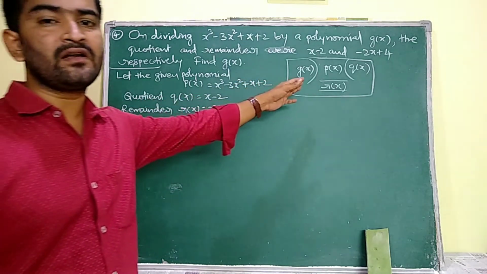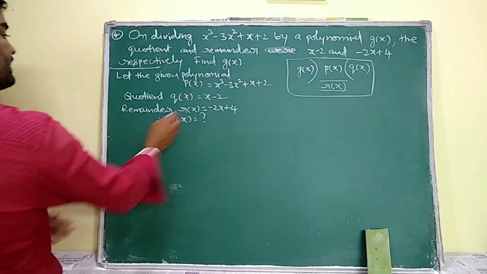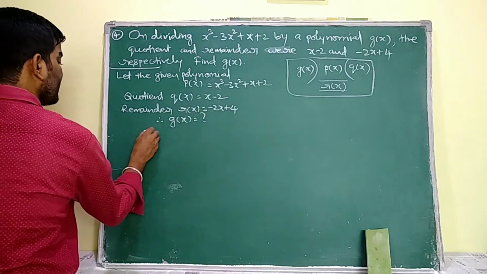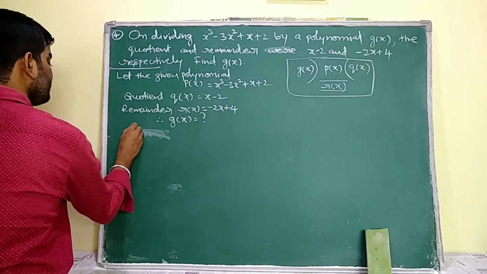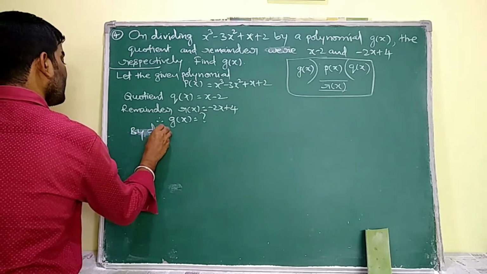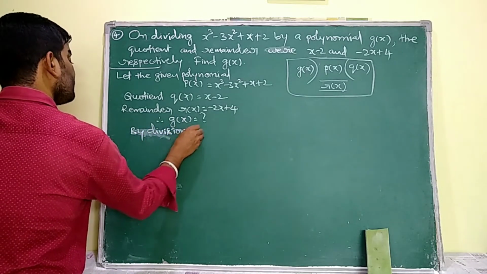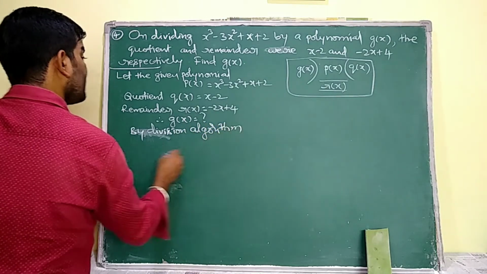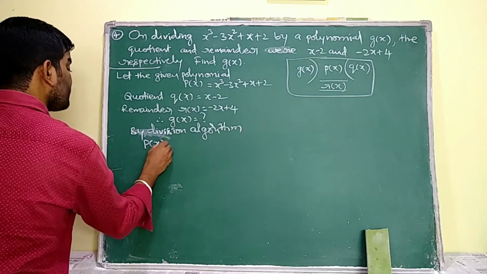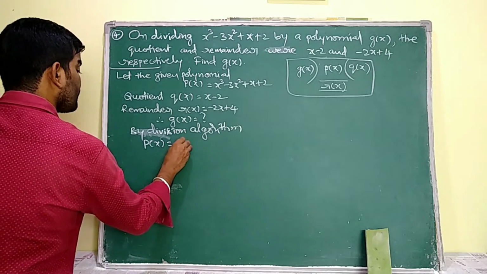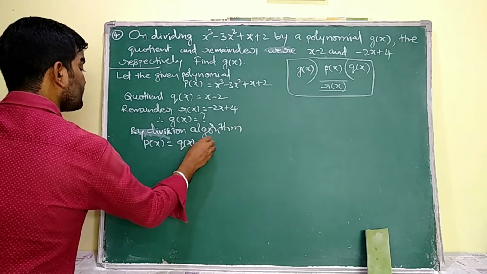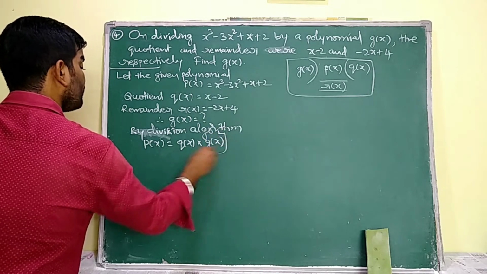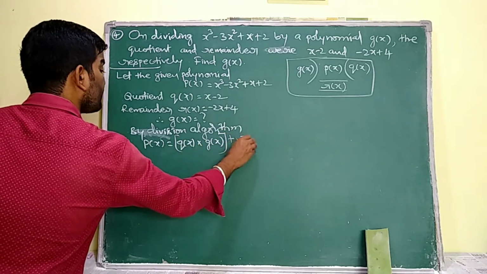Okay, by this division algorithm I am going to write this p of x as, what ma? By division algorithm, see ma, p of x is equal to q of x into g of x, whole plus remainder r of x.